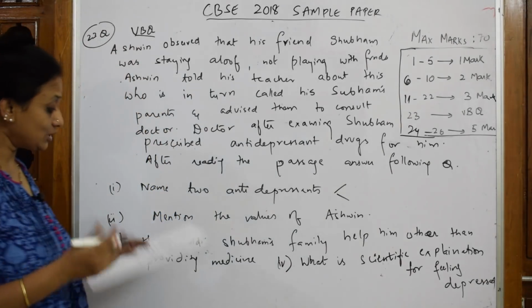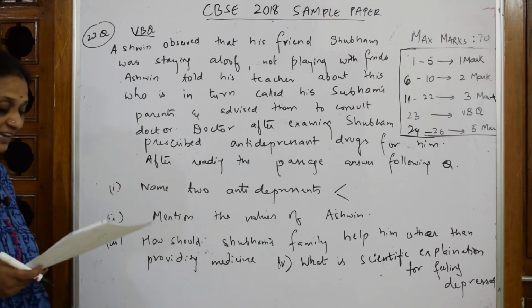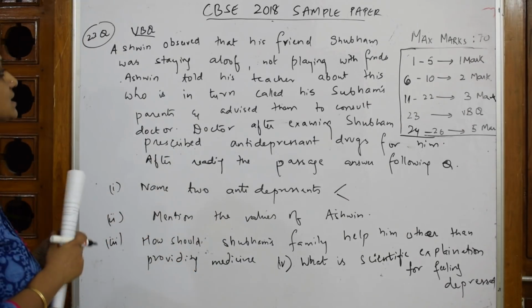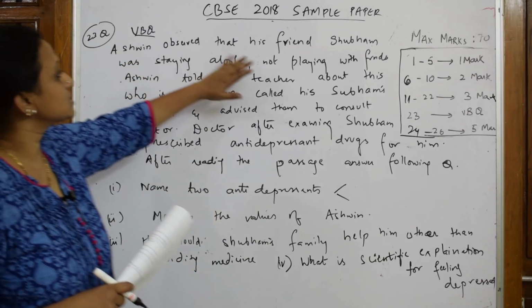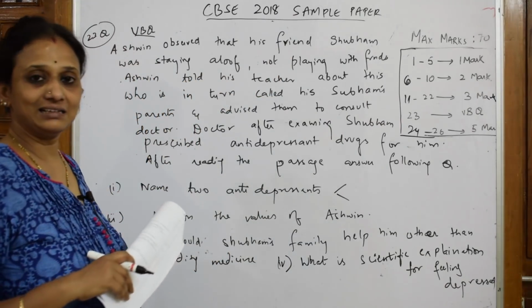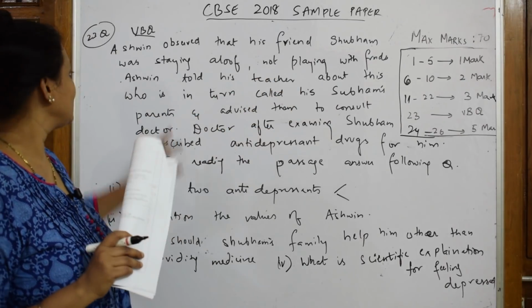Done. So in this value-based question, they have given us a concept. Let us see this. What do they give us? Ashwin observed that his friend Shubham was staying aloof. He was staying dull, separated, and not playing with friends.